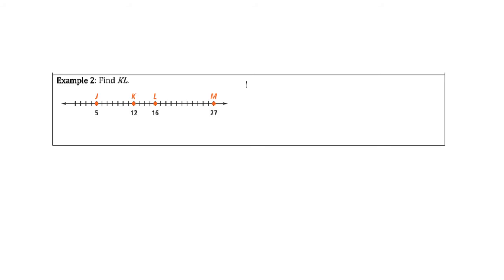So we're going to find KL, right? The coordinate of K is 12. The coordinate of L is 16, right? You can either count from here to here, or from here to here, or we can use the absolute value. So say I want to find KL, right? K is 12 minus L is 16.